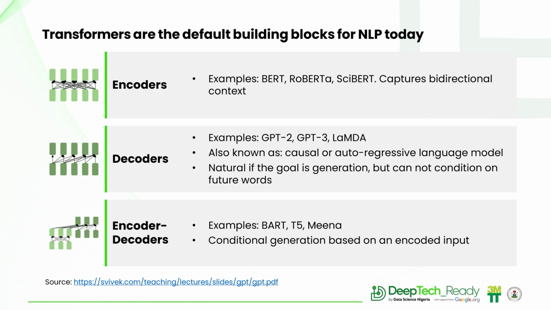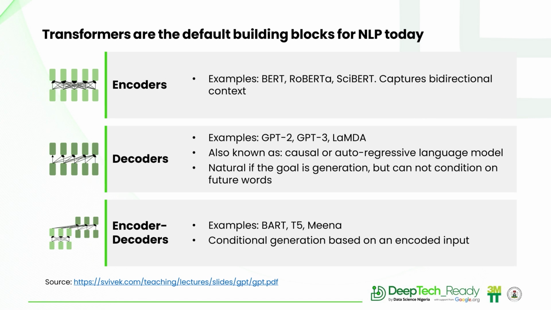This makes them very natural for tasks like text generation. However, a limitation is that they can't see future words during training or predictions. They can only condition on the words they've already generated. This makes them less suitable for tasks that require full context like text understanding compared to encoders.